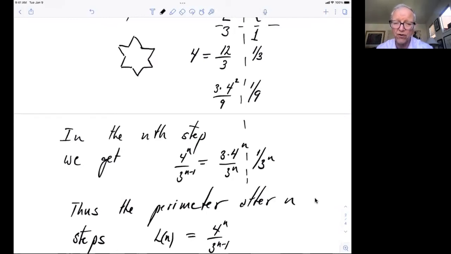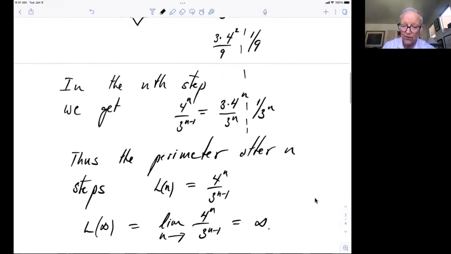That's because we're always adding a power of 3 downstairs, but there is one 3 upstairs that cancels one of the powers downstairs, and that's why you get n minus 1 downstairs and n upstairs. So we have 3 times 4 to the n, divided by 3 to the n, which is 4^n divided by 3^(n-1). And that's the perimeter after n steps.